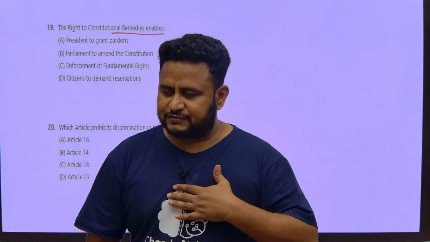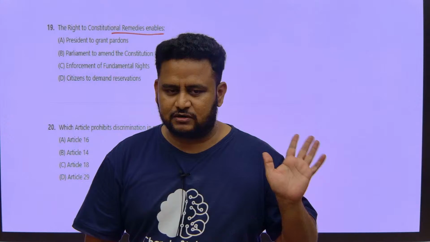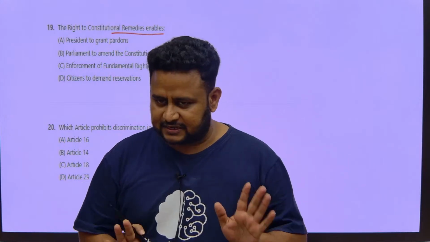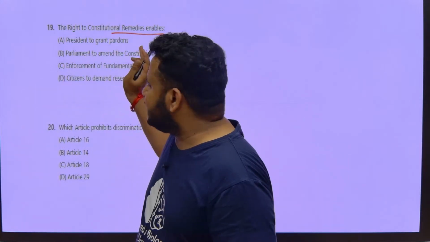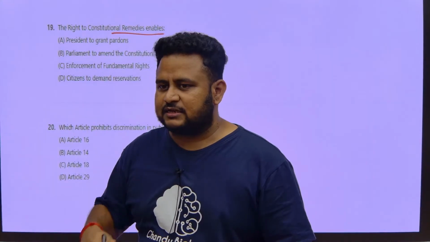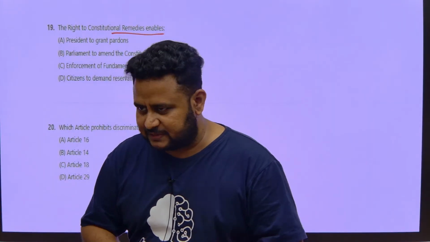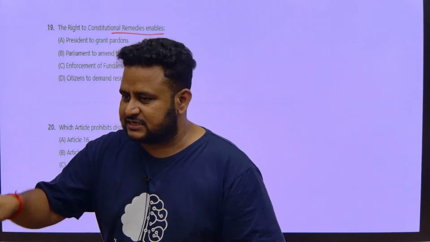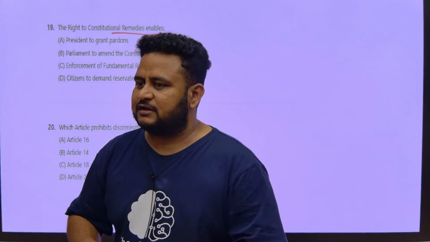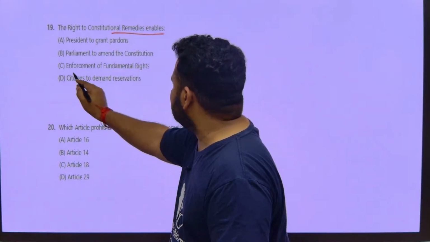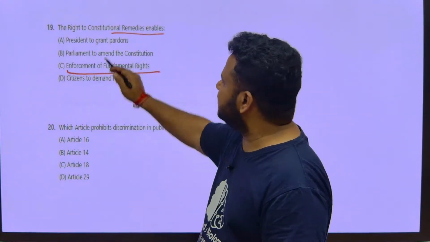So everyone think on your own. Just because someone is answering, don't get carried away by that. The right to constitutional remedies is for enforcement of fundamental rights. If there is violation of fundamental rights, that is corrected so that there is proper enforcement. That's why I have written very close options.